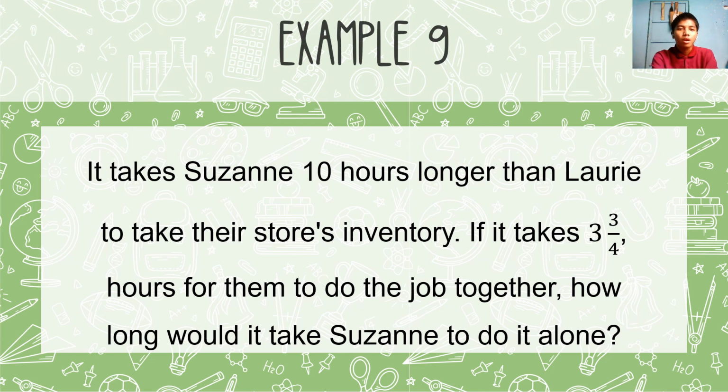Example 9. It takes Susan 10 hours longer than Laurie to take their storage inventory. If it takes 3 and 3/4 hours for them to do the job together, how long would it take Susan to do it alone?